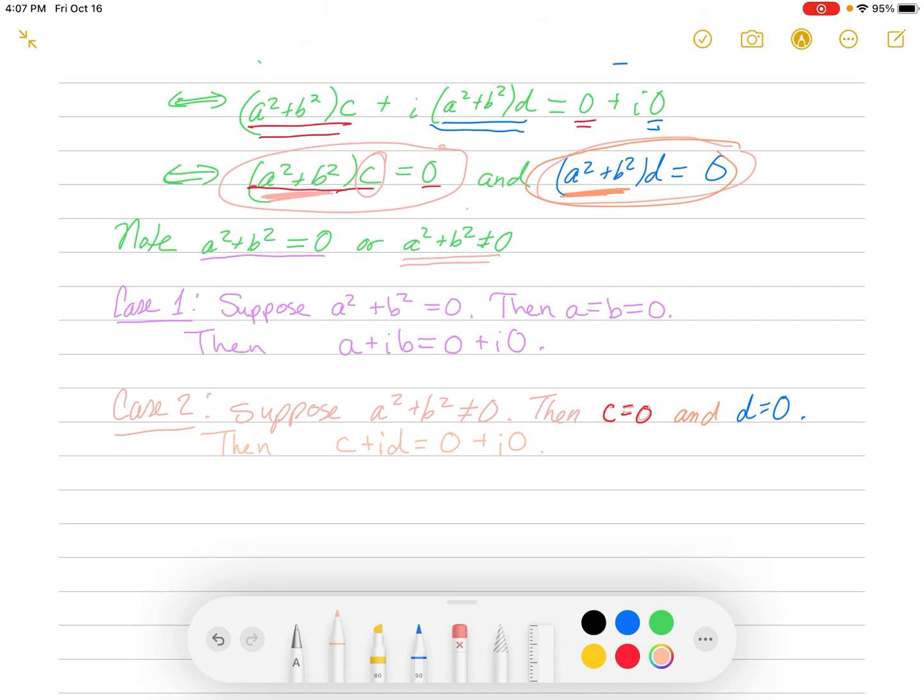We've proven that either a plus ib is the 0 element, or c plus id is the 0 element. And that's it. That's the proof.